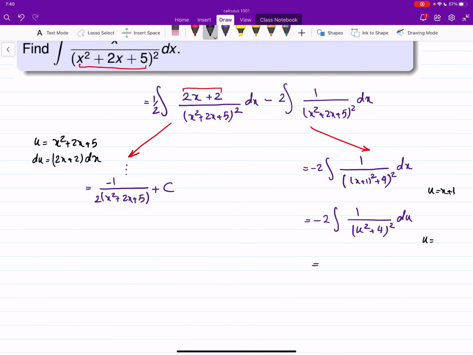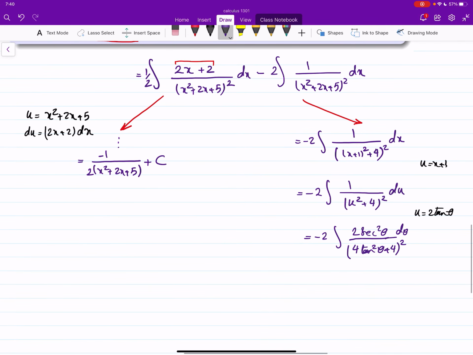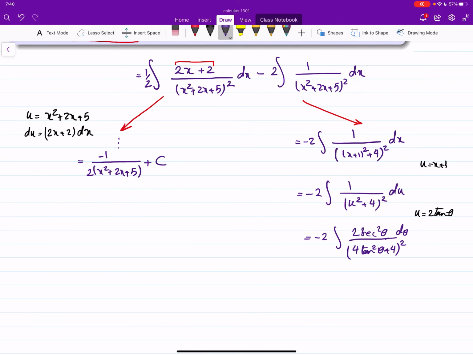u equals 2 tan θ, and that will give me negative 2 integral of 2 sec² θ dθ, that's du. Down there we have 2 squared, which is 4 tan² θ plus 4, then square it, and yeah, that's the substitution we did.